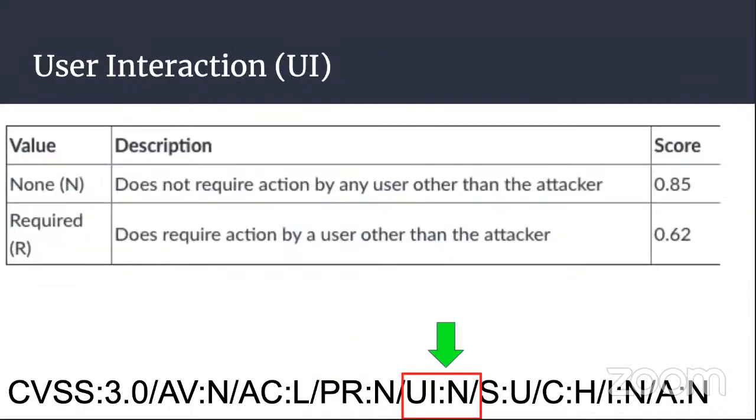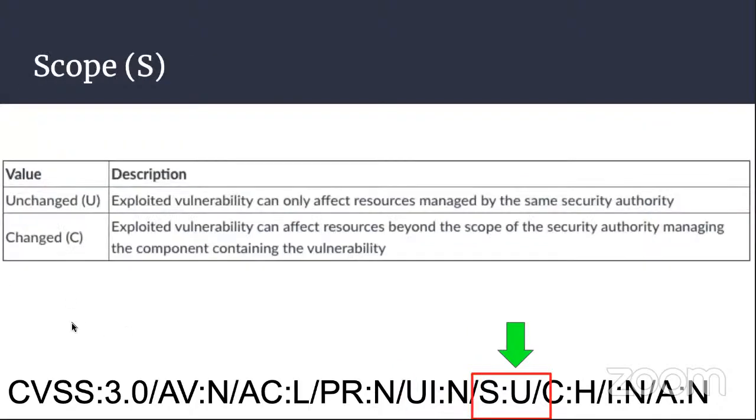Next is user interaction. Do we need a human to do something? And it's either going to be none or required. We have the scope metric. It describes whether the vulnerability can affect system components beyond the scope of the vulnerability.